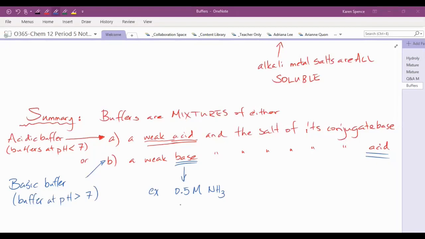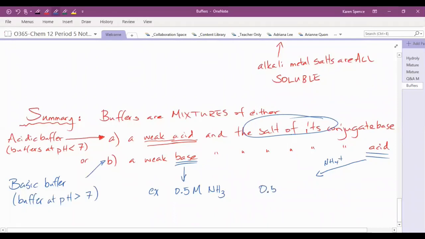NH4 plus, yeah. Okay, so its conjugate acid is NH4 plus, but we don't just want the conjugate acid, we want the salt of its conjugate acid.